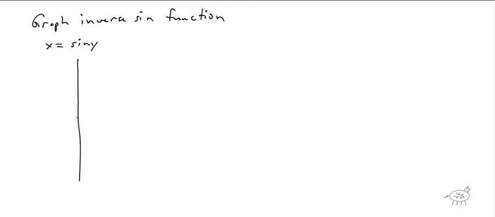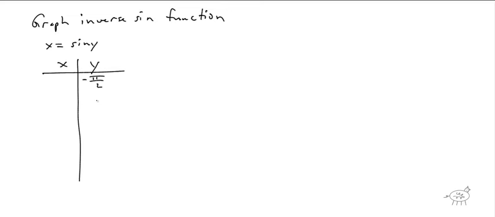All right, let's actually graph our inverse sine function with our new domain and range. Okay, so here I'm going to go back to x equals sine of y. And I know the y is going to be between negative pi over 2 and pi over 2. But let's pull out a few more points here.